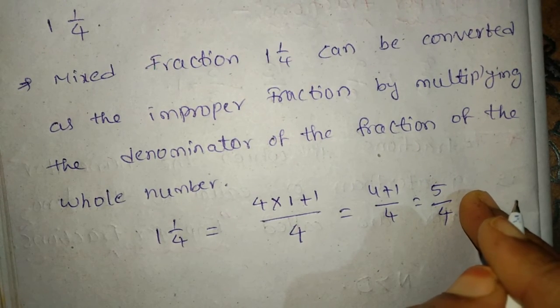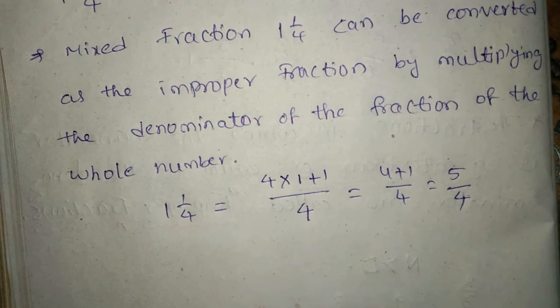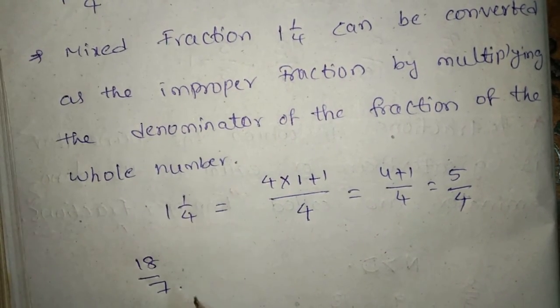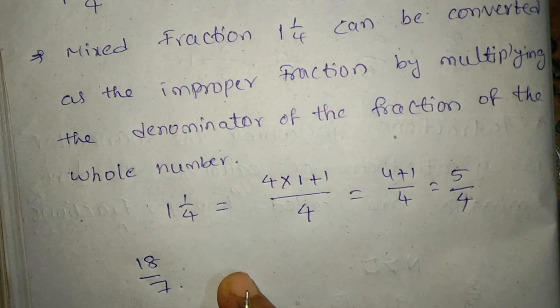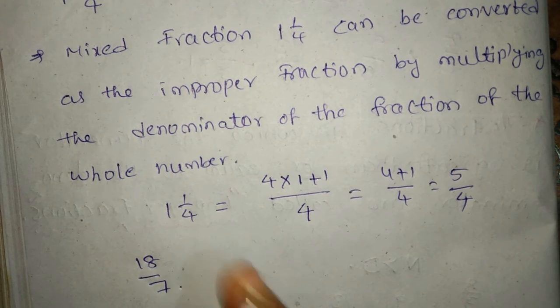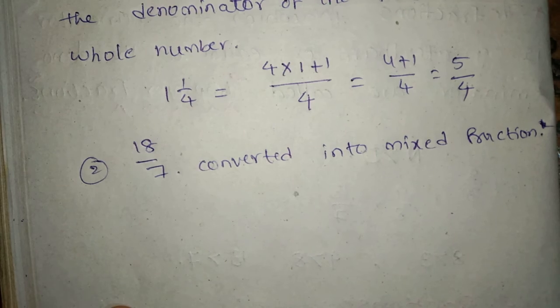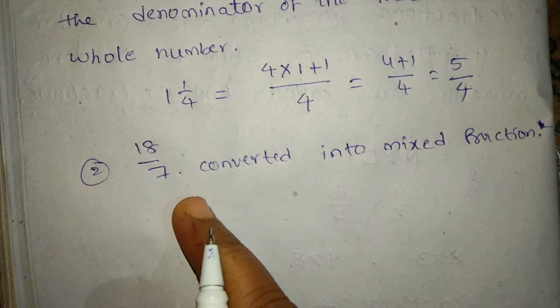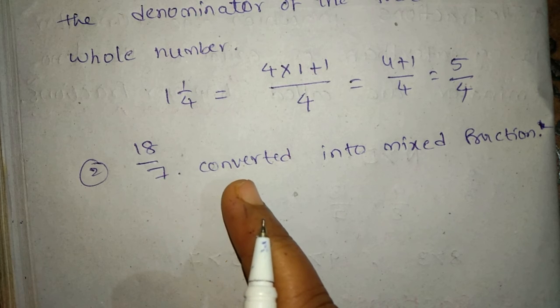Now, you can convert any improper fraction into a mixed fraction. Here, 18 by 7 has to be converted into a mixed fraction.